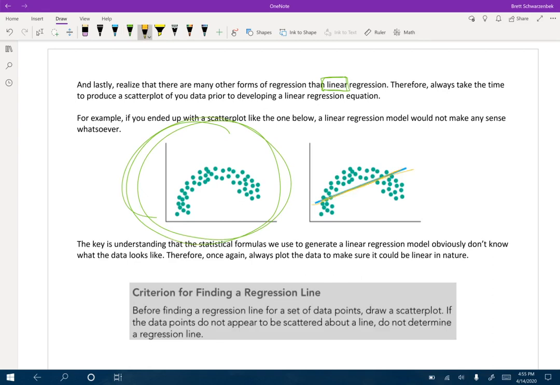Okay, but as a human being, as a person with eyes, you have to understand that you must always create a scatter plot first to make sure that your points are actually in a linear relationship. Clearly, this is a curvature of a relationship, which means a linear regression would not be a good use for our scenario. So really the summary of the story is all these formulas that we use, they don't have eyes.